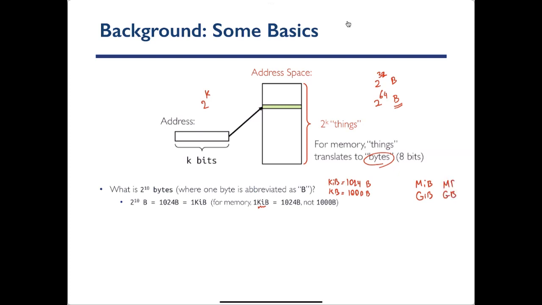So a kilobyte is 1,000 bytes and a megabyte is 1,000 kilobytes, whereas a gibibyte is 1,024 mebibytes, and a mebibyte is 1,024 kibibytes.